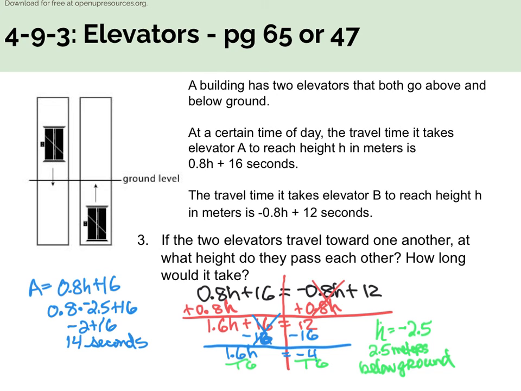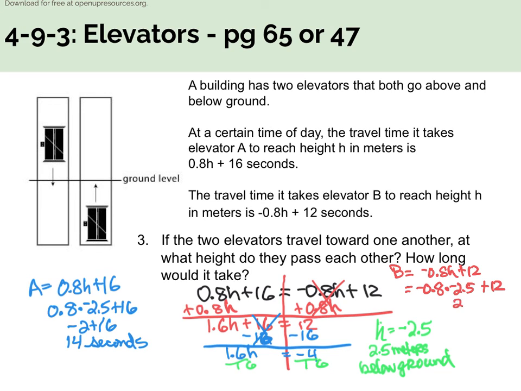Now let's go ahead and put that negative 2.5 into elevator B. So I'm going to change my color. Let's do red. So elevator B, the equation was negative 0.8h plus 12. So we're going to do negative 0.8 multiplied by negative 2.5 and then plus 12. Grab your calculator. Let's do negative 0.8 times negative 2.5.